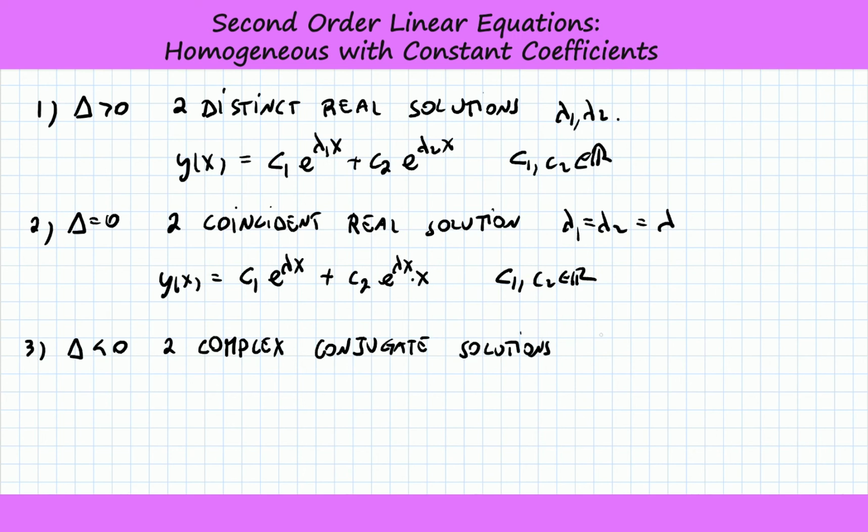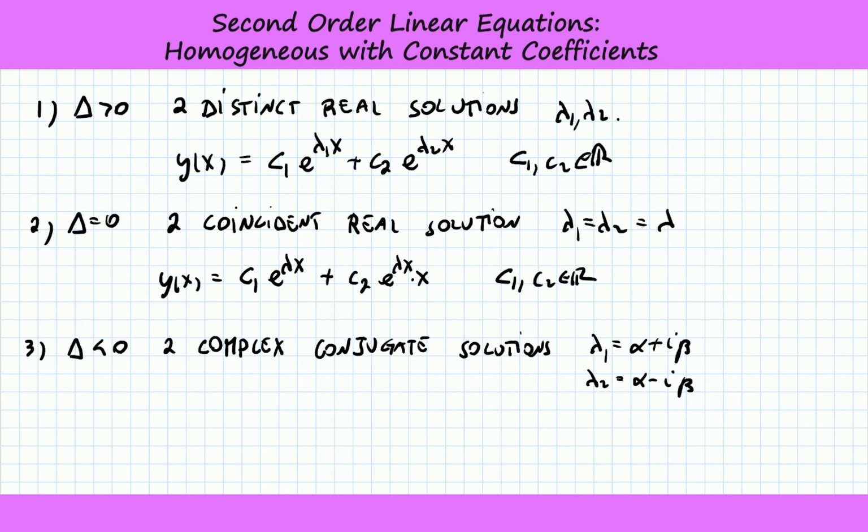This means they will have the form, let's say, alpha plus i beta and alpha minus i beta, where i is the imaginary unit. So alpha is the real part and beta is the imaginary part.